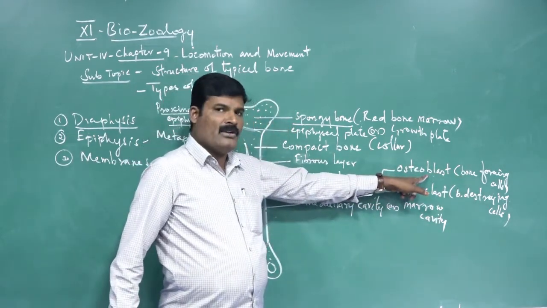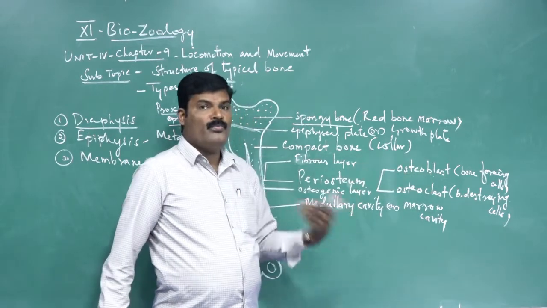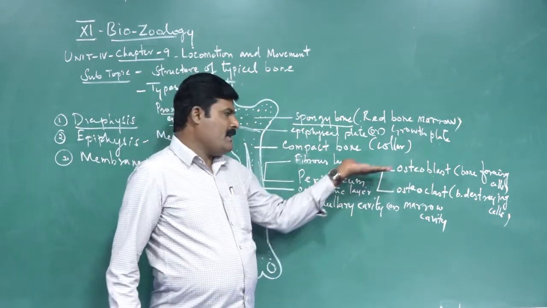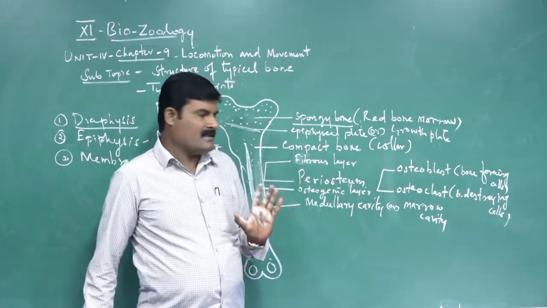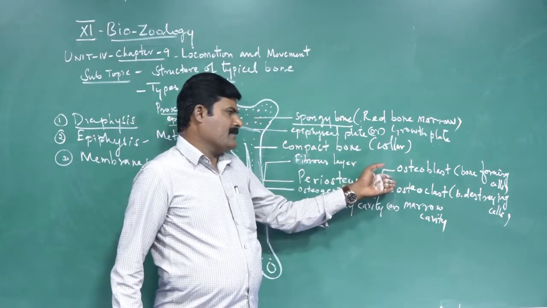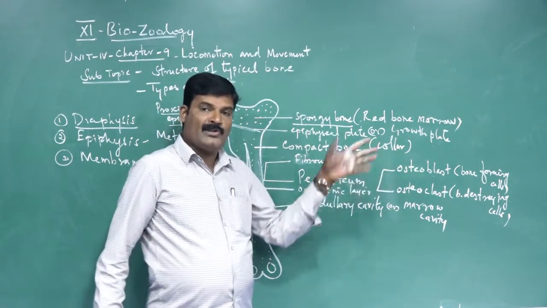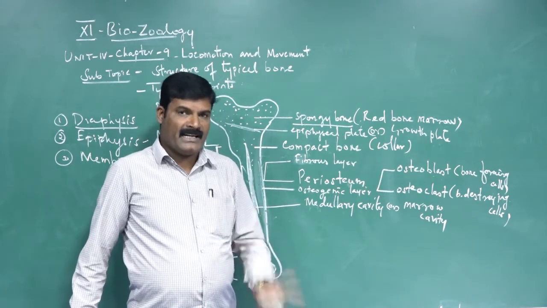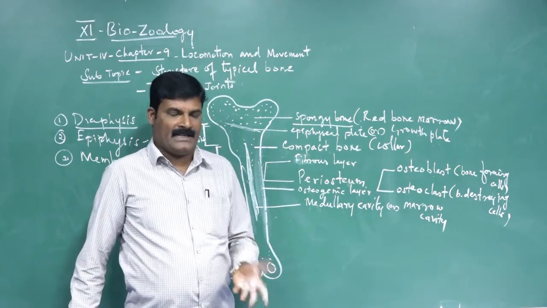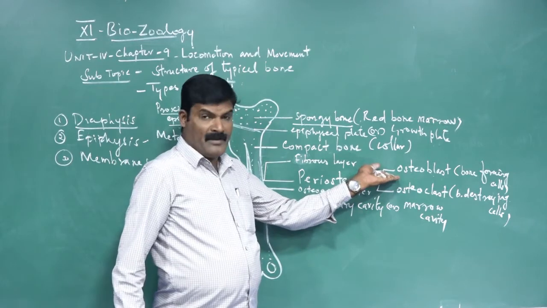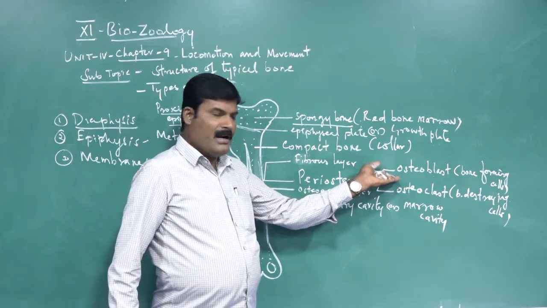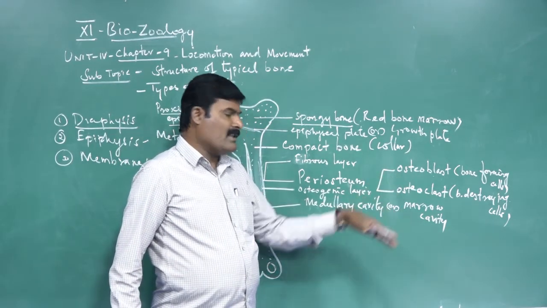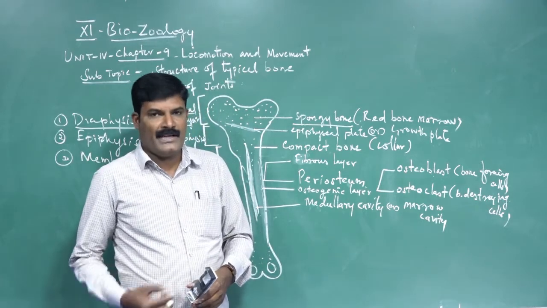Blast means bone producing cells, because they replace and repair the damaged part. The osteoblast cells also synthesize bone matrix substances. Another one is the osteoclast cell, otherwise called bone destroying cells.